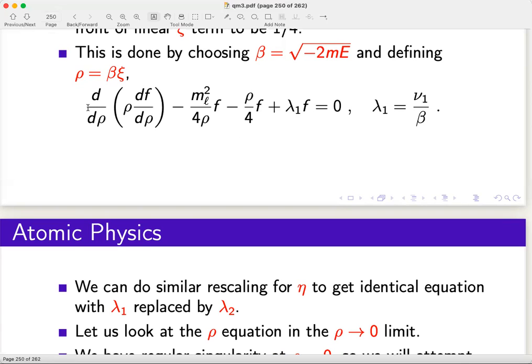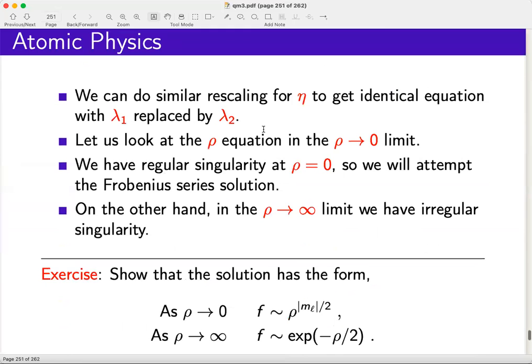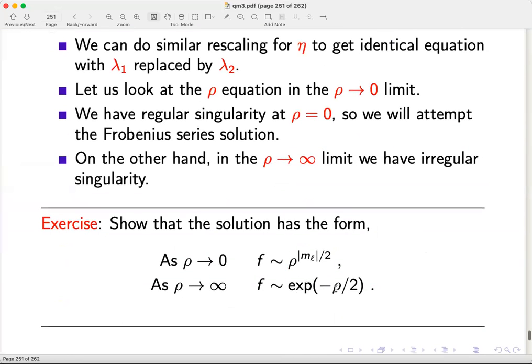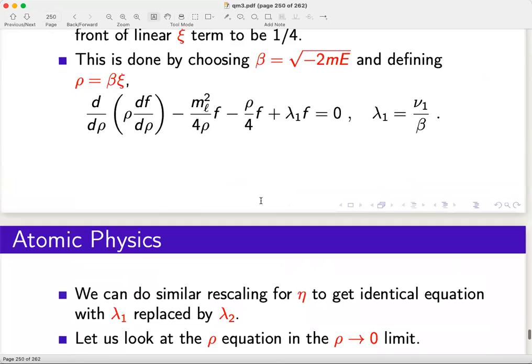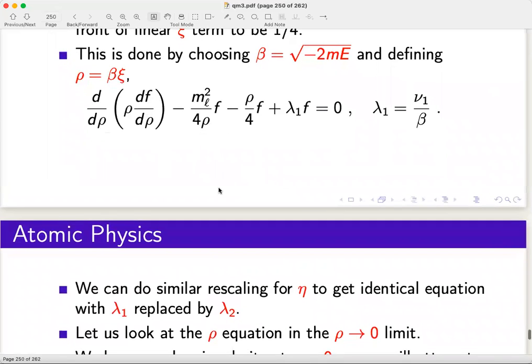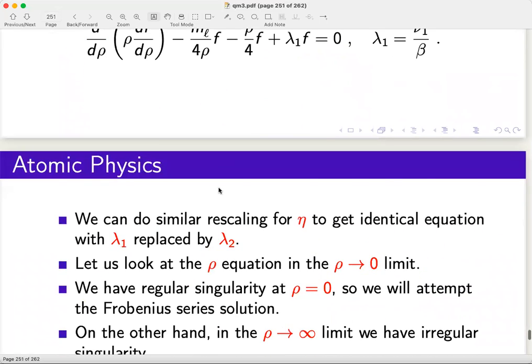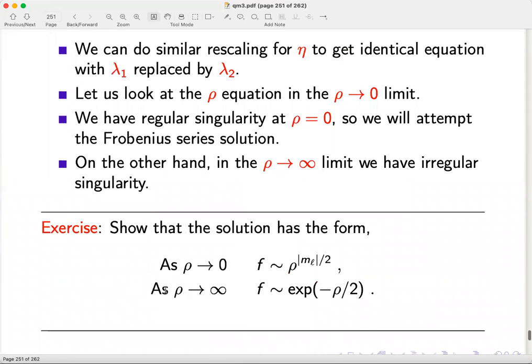So what you need to do is look at this piece and this piece, and looking at these two terms, you can figure out that f as exponential minus rho by 2 is a natural object to look at. So you should be able to show that this form of the behavior of the solution in the neighborhood of the two singular points that we have noticed can be summarized in this form.